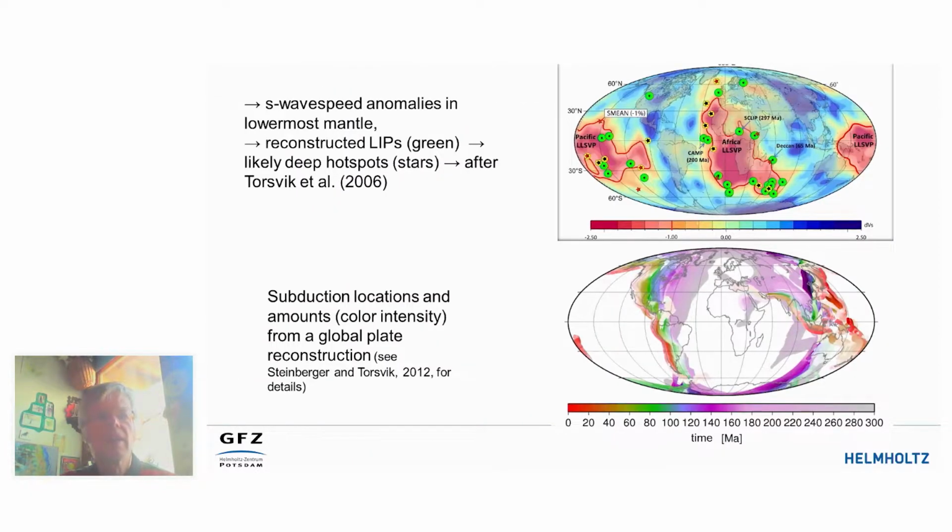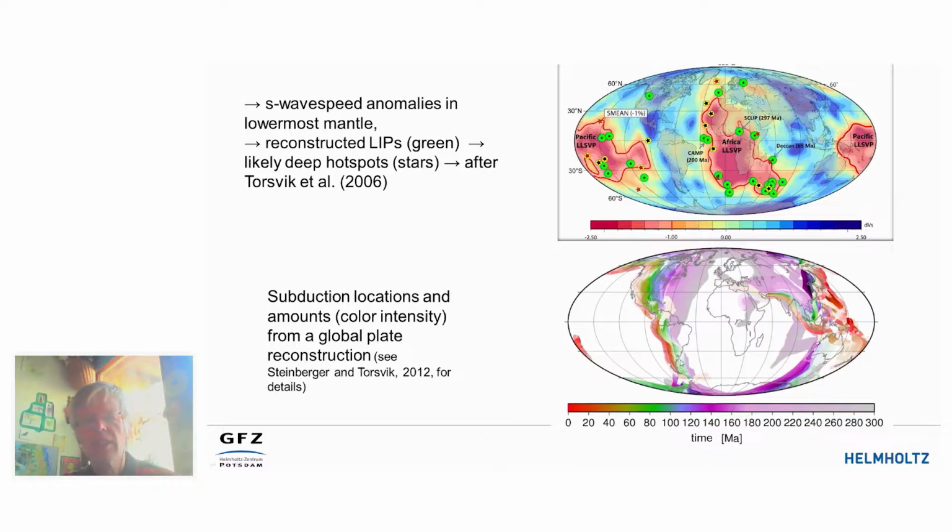I think what I can contribute a bit more from my own work is the lowermost mantle. When the slabs sink into the mantle, you can see here the subduction locations through time, where the color corresponds to time in million years and the intensity to how much has been going down.